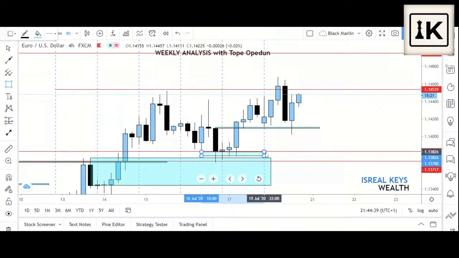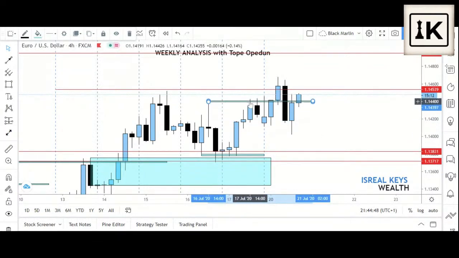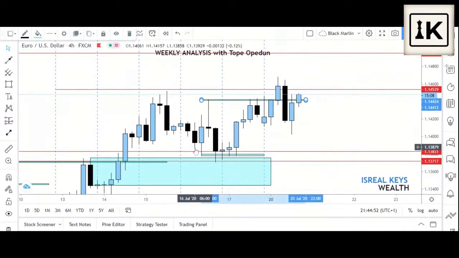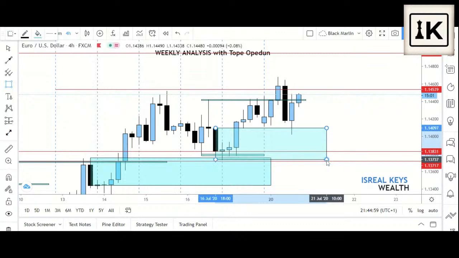It was stop hunted into this H4 order block. Market structure break over here and return. So this is our 1, our 2, and it's returning into this H4 order block.